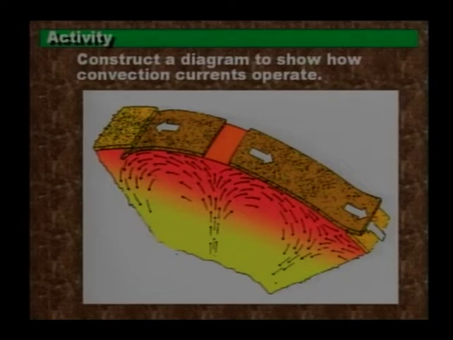Don't forget, you are also required to make note of the definition of what convection currents are. So you define convection currents, and I'd like you to also do a construction to show how convection currents operate, which results in the movement of the lithosphere, resulting in the many features that are formed on the surface as a result of that movement.